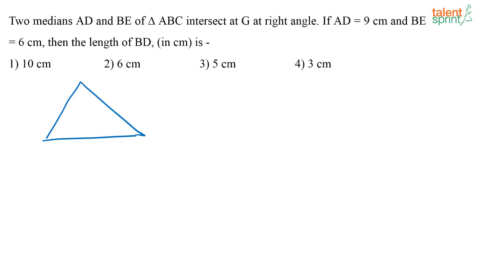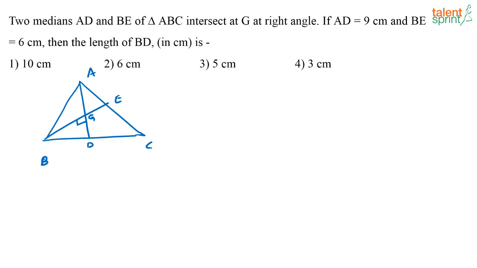So where do the medians of a triangle intersect? The medians of the triangle will intersect at a point called the centroid. So you have ABC is a triangle and one median AD, and BE. They are intersecting at right angles at a point G.